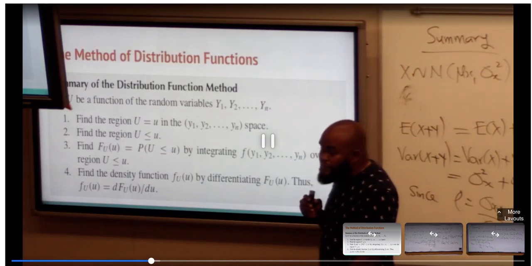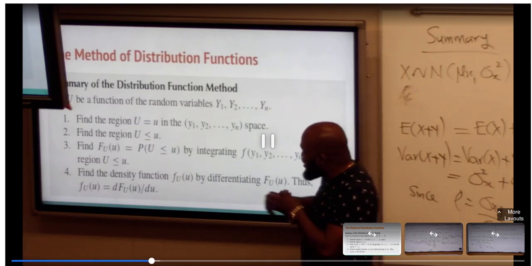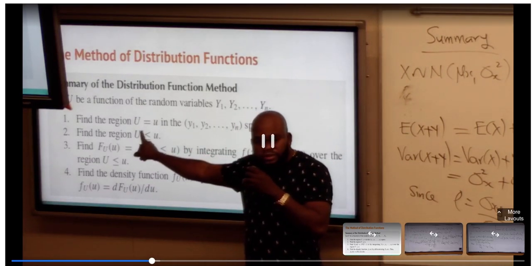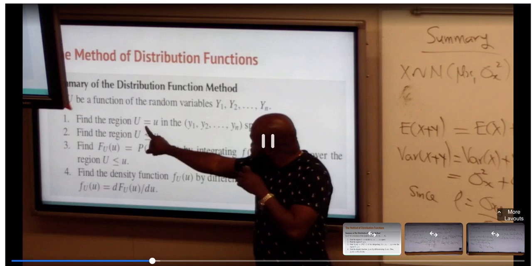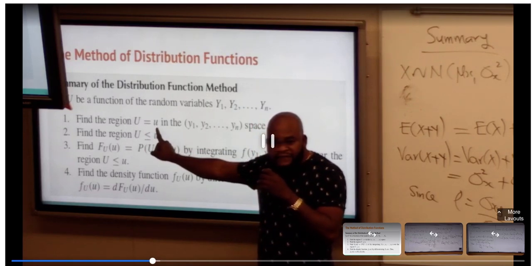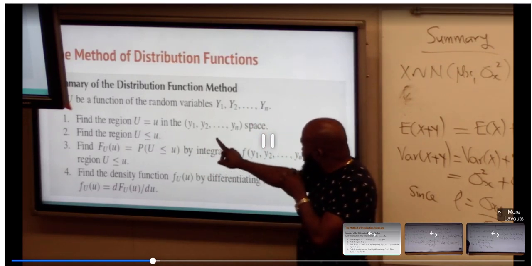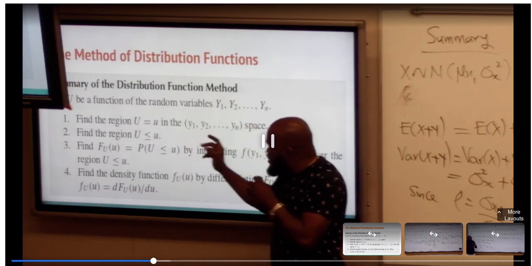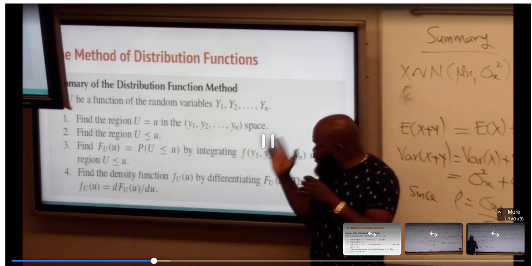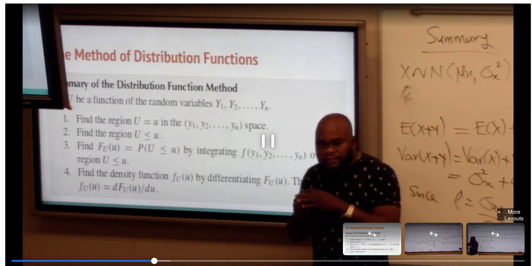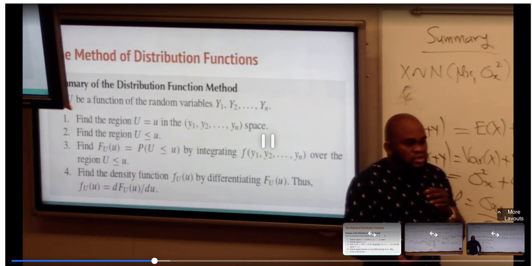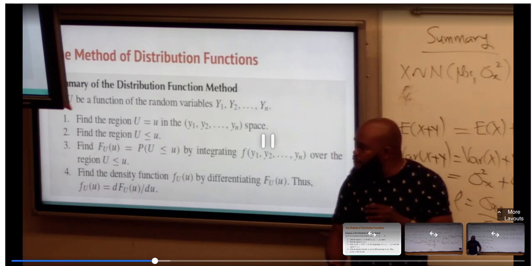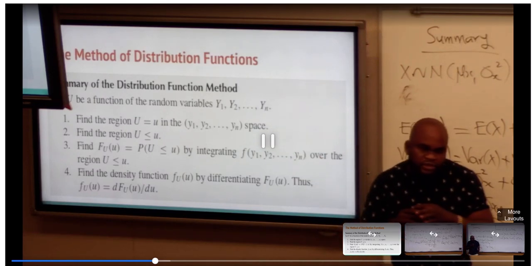So what I'm going to do first, I will define the region U, which is equal to a realized value, a lowercase u, and that will be in this space. Don't forget, U depends on Y1 up to Yn. Now, because I want to use the method of distribution function, when I talk about distribution function, you know what I mean?